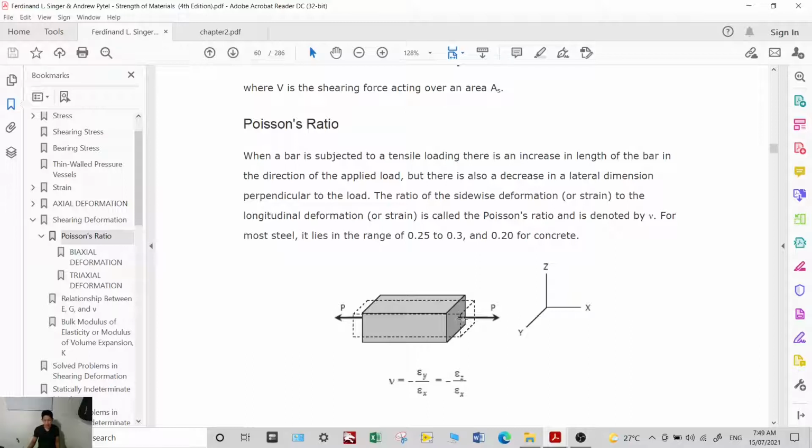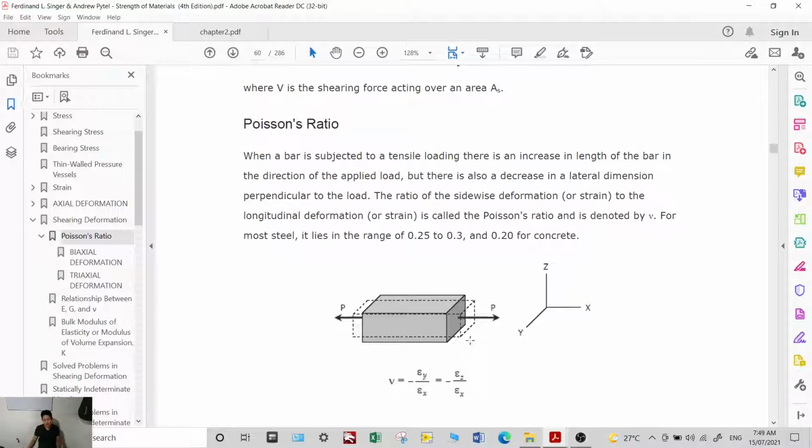Now, if you subject this to a tensile stress along the x direction, so this is the x direction, this is the y direction, as you try to extend this bar, there will be deformation along the x, so the bar elongates.